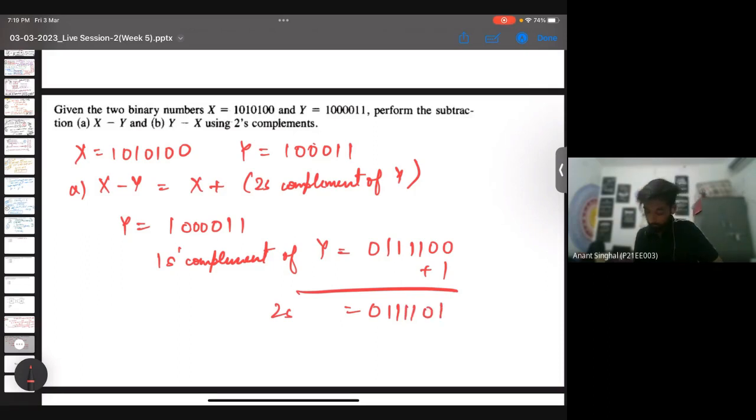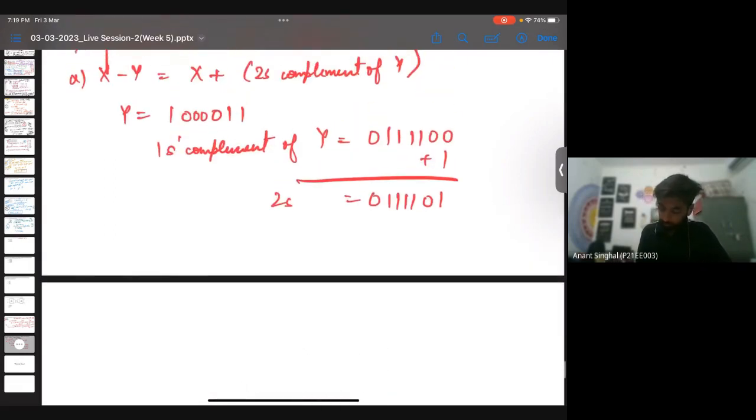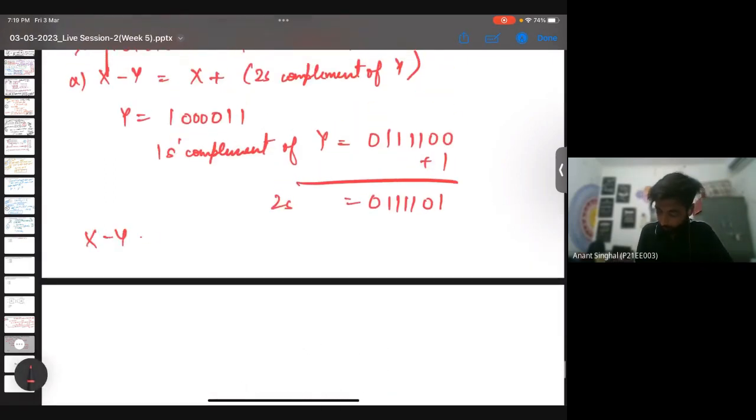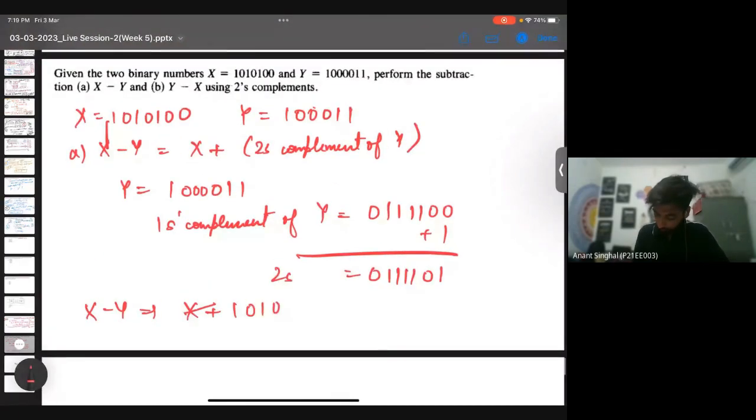Ultimately, what we want is x minus y, so that is x plus this 2's complement. I'm directly writing x as 1 0 1 0 1 0 0, and the 2's complement of y was 0 1 1 1 1 0 1.